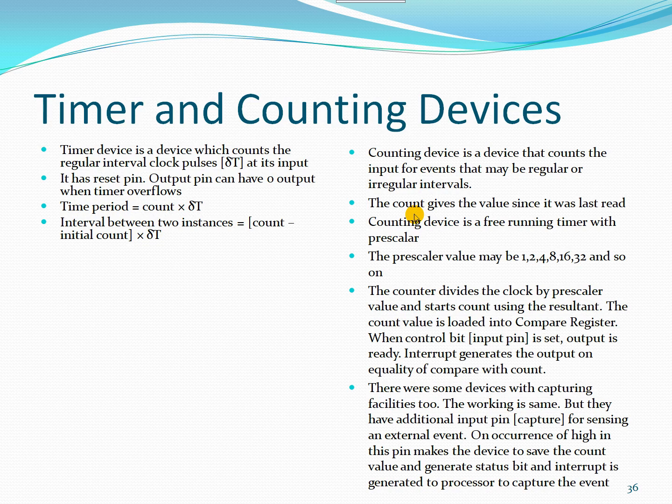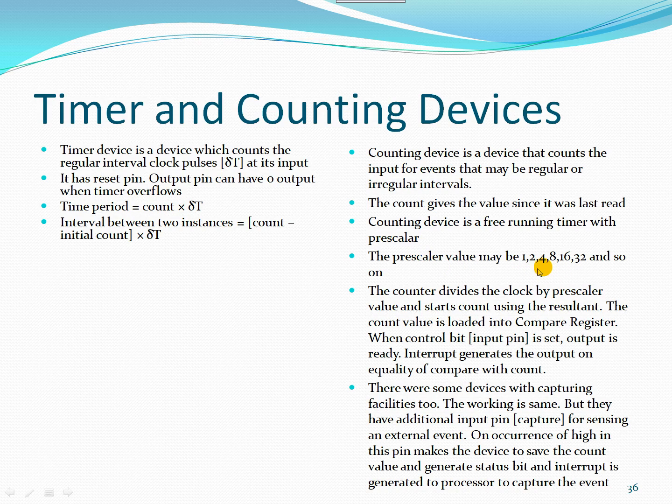so that we can read those values and from the updation of the last reading also. So the counting device is going to be a free running timer with prescalers. So we will have that oscillator circuit as a free running oscillator, which will give the clock pulses. Those clock pulses can be divided by some prescaler values.